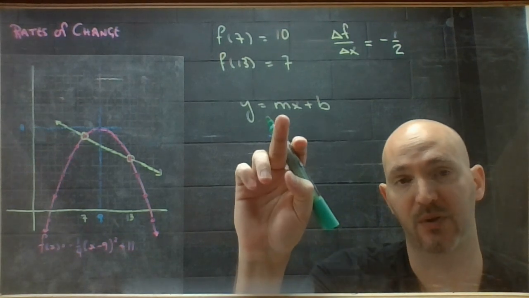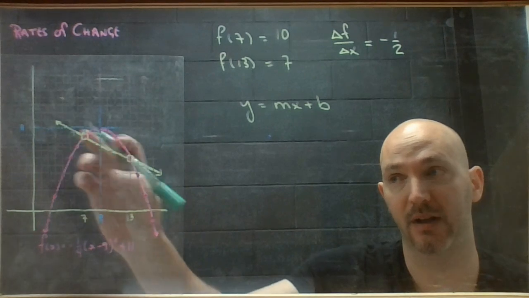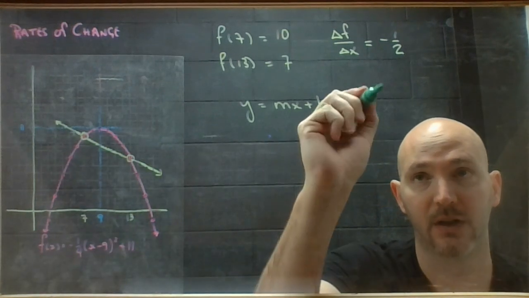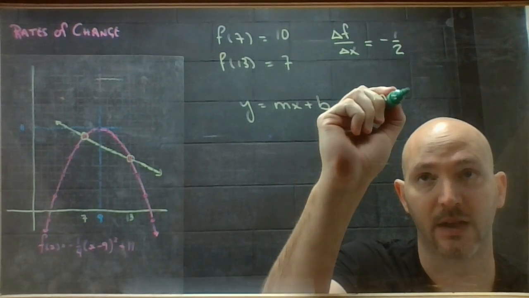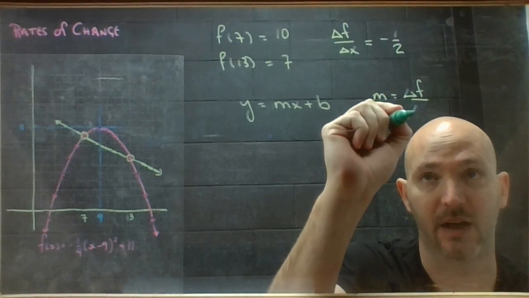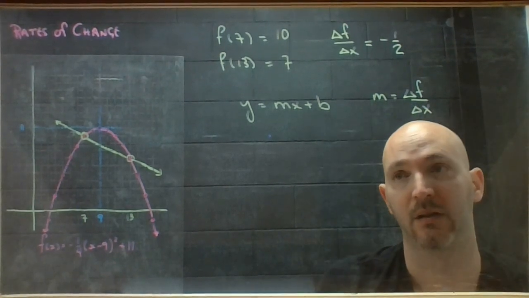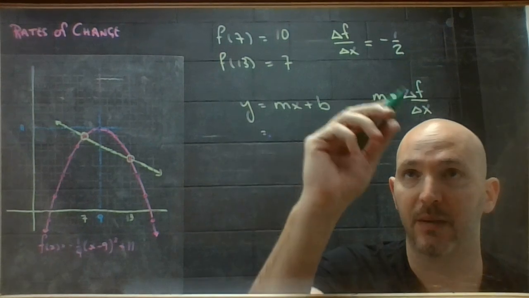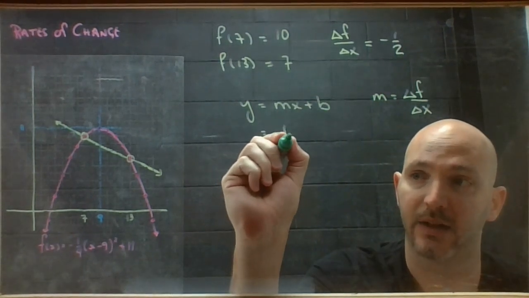Now, in this particular case, because I'm drawing a secant on a curve, the slope I'm going to use is this df by dx. So I'm able to fill in my negative 1/2 here.